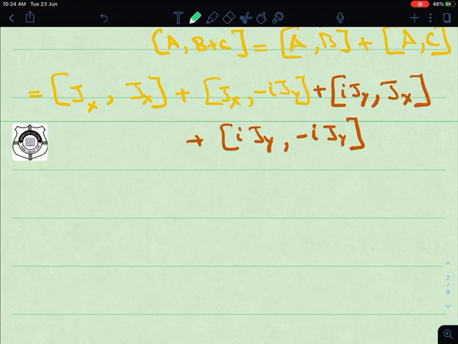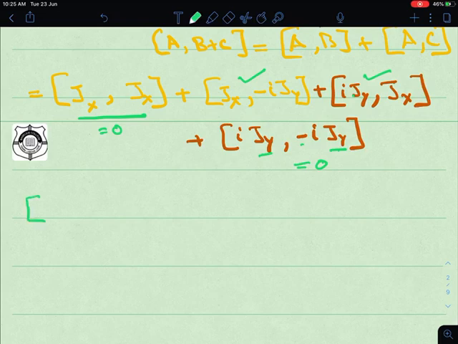As we saw in equation 1, the commutation of Jx with Jx, if the indices are the same, is equal to 0. Again here you can see Jy and Jy; i is a constant, so if you take it outside, it is i square, which is equal to minus 1. Again here also you have minus, so it is plus 1, and the commutator inside is also equal to 0. What remains is the Jx, minus iJy term and the iJy, Jx term.